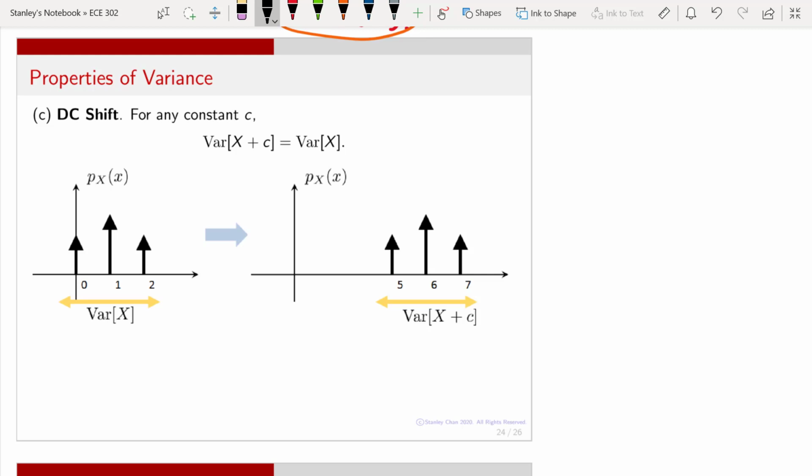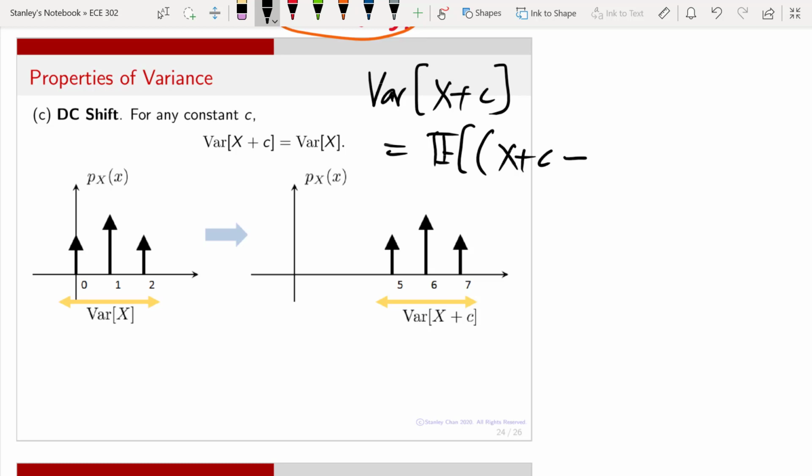One last property. This property says that if you add the random variable X with a constant c, then the variance remains unchanged. Now, why is this true? Because the variance of X plus c is the expectation of (X plus c minus the expectation of X plus c) squared.